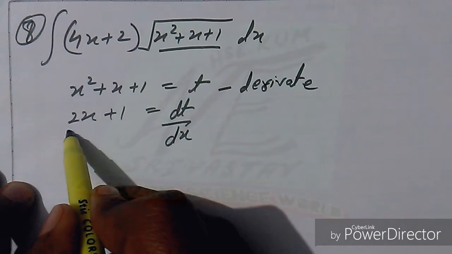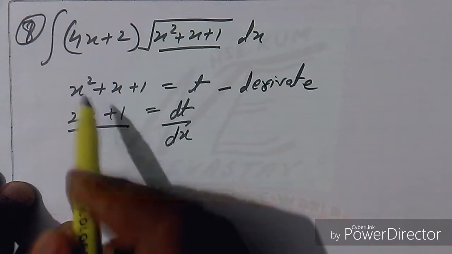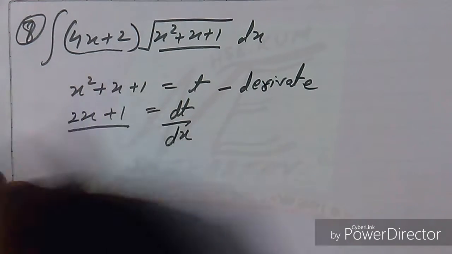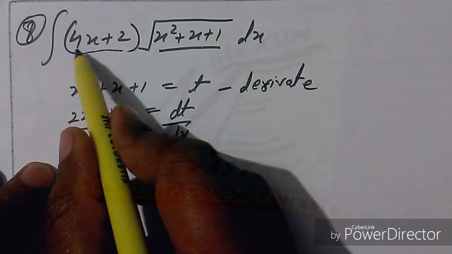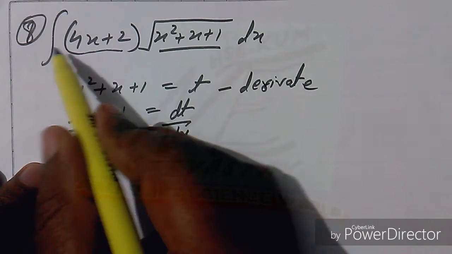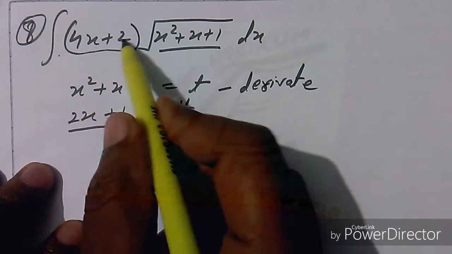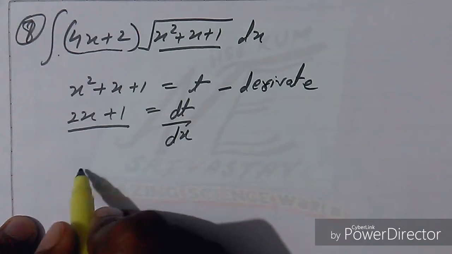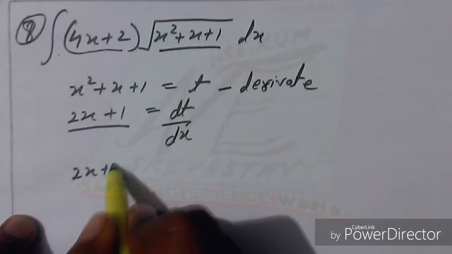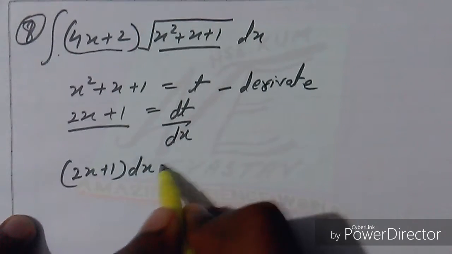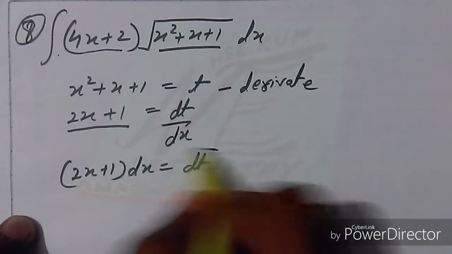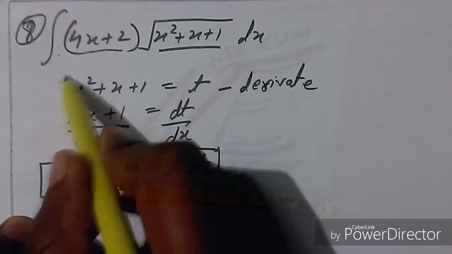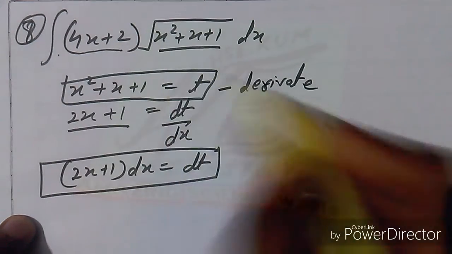And you see 2x plus 1, then 2x plus 1 dx equals dt, and we put it in the function.